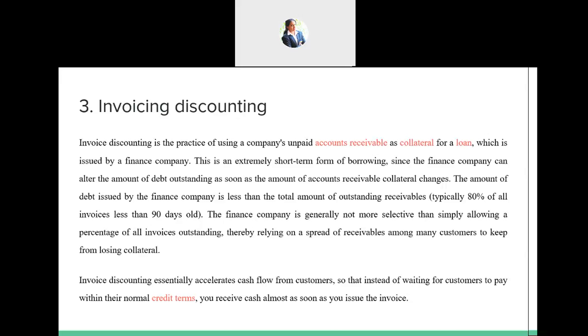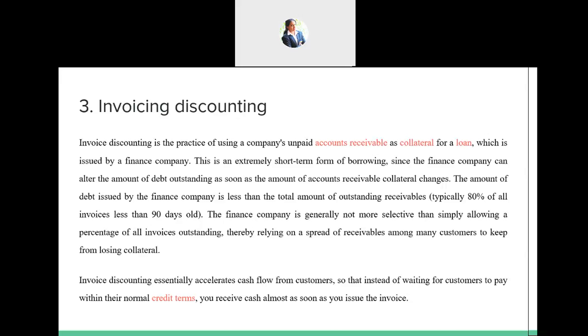But unlike factoring, invoice discounting enables a client to retain control over the administration of the debtors.